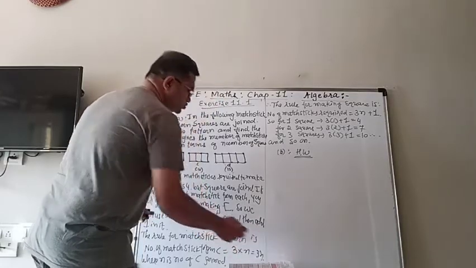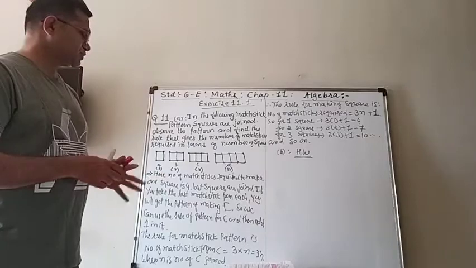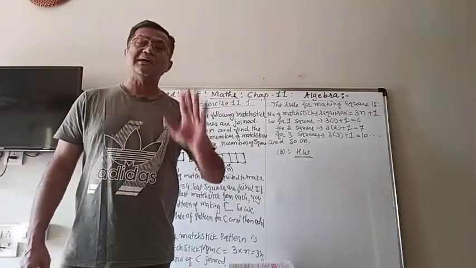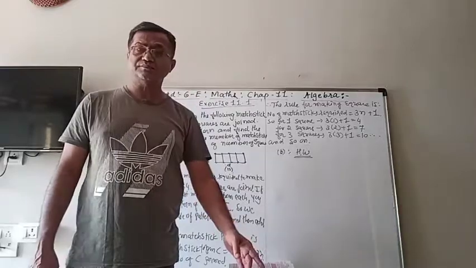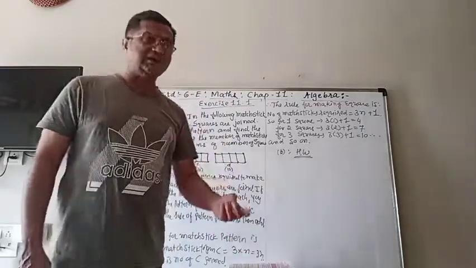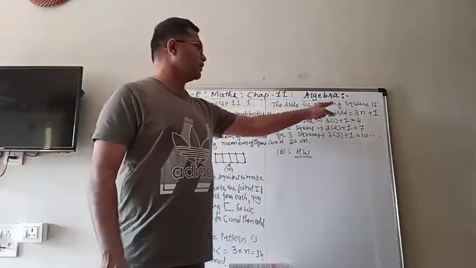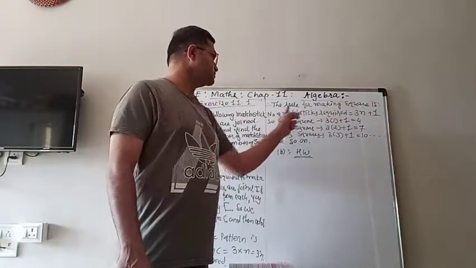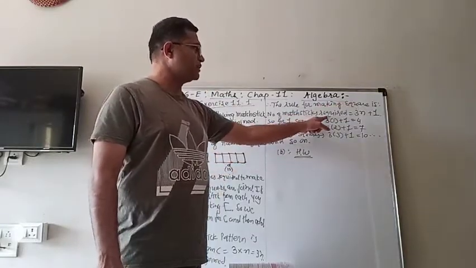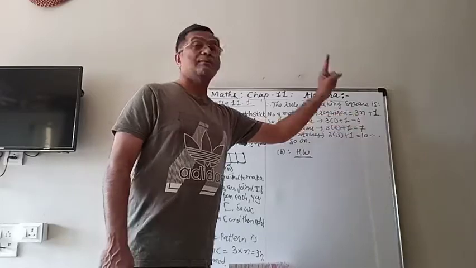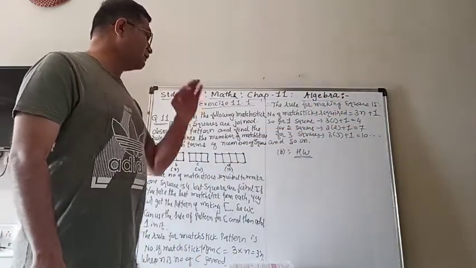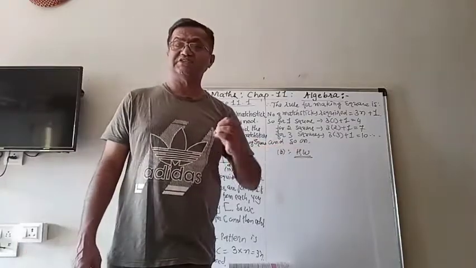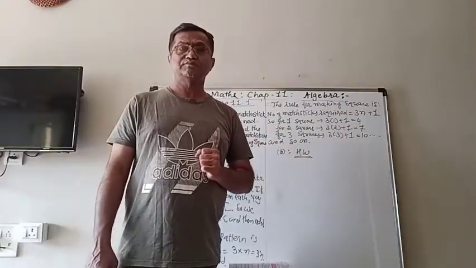So now to make the squares, only one more matchstick is required. So you can add 1 in this 3n. So the rule for making squares is: number of matchsticks required is equal to 3n plus 1. Because only one more matchstick is required.